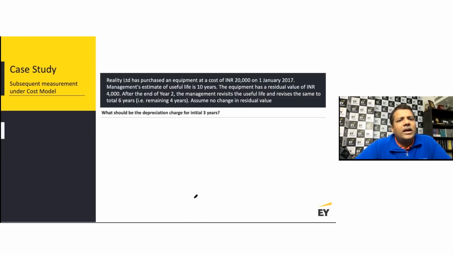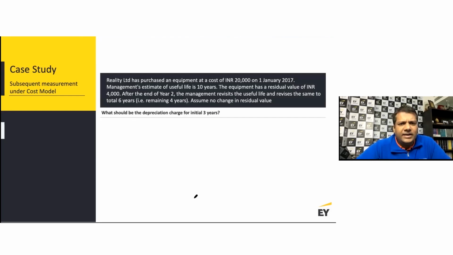16,000. Now, at the end of year two, the management revisits the useful life and revises the same to a total of 6 years, assuming no change in residual value. So year two accounting is done.